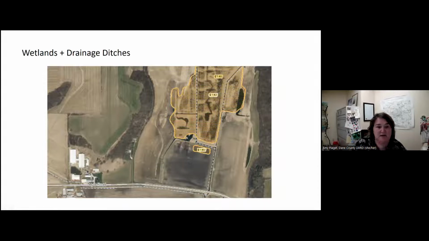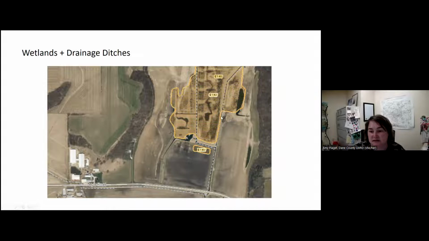So one other example, just to walk through some drainage ditches and wetlands here. In this case, we've got a wetland complex that's mapped as a wetland complex.